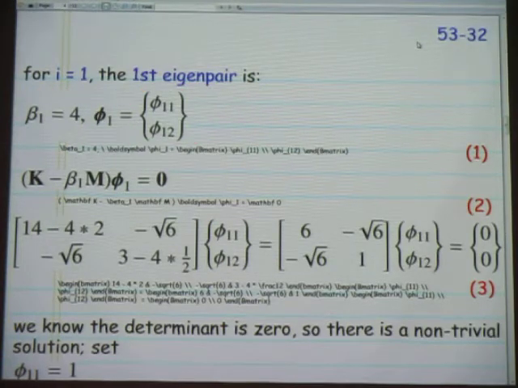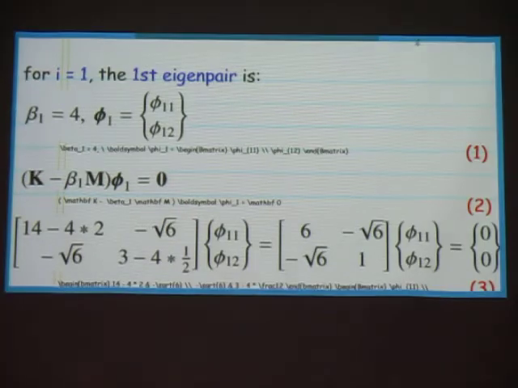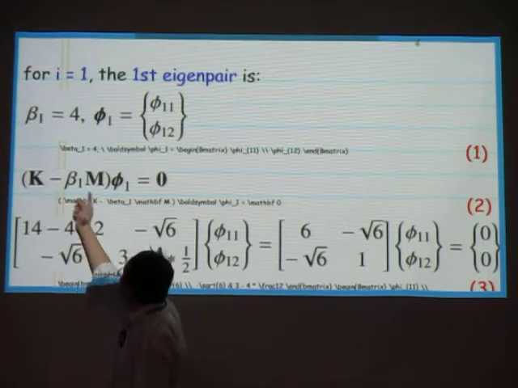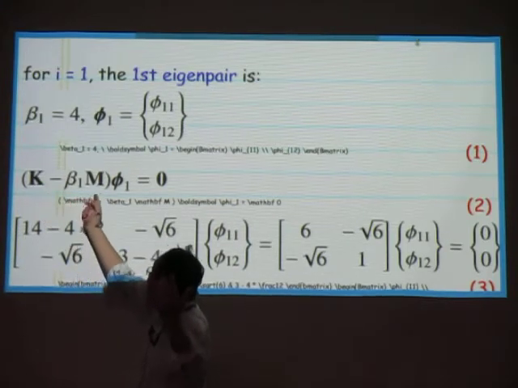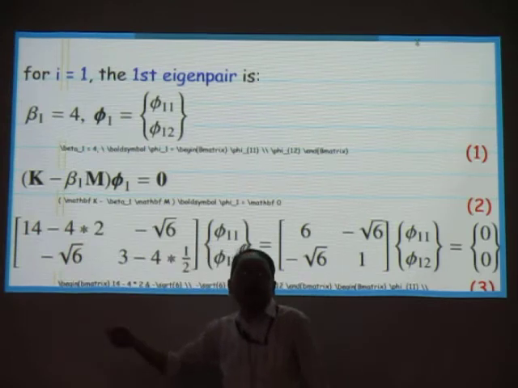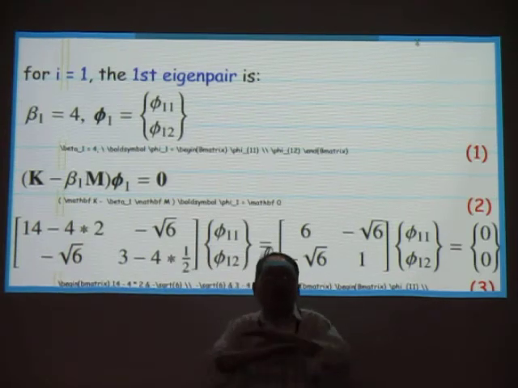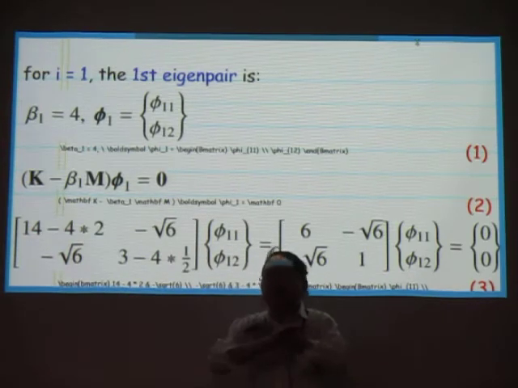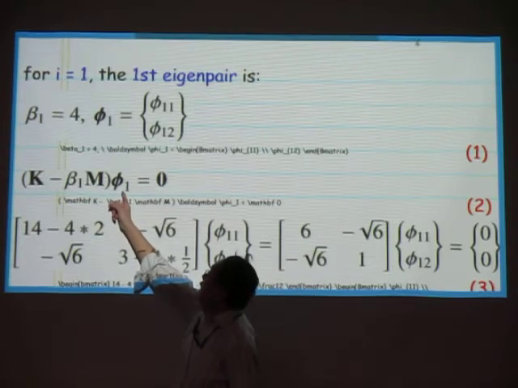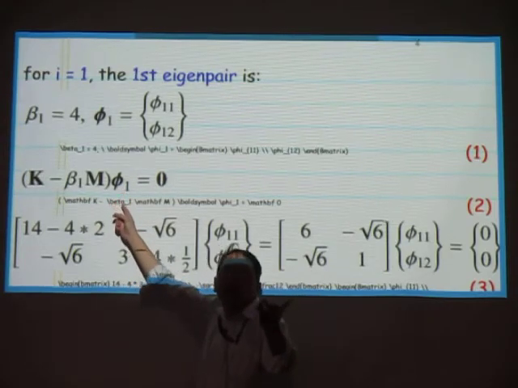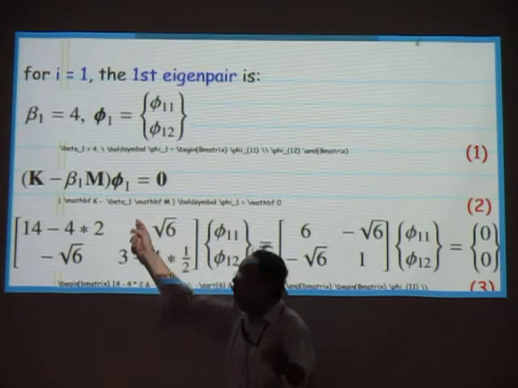Okay, let's motivate further. So now we say that the determinant of the matrix A, which is K minus beta 1 times the mass matrix, is 0. You cannot invert this matrix. So therefore, you hope to have non-zero eigenvector phi 1.